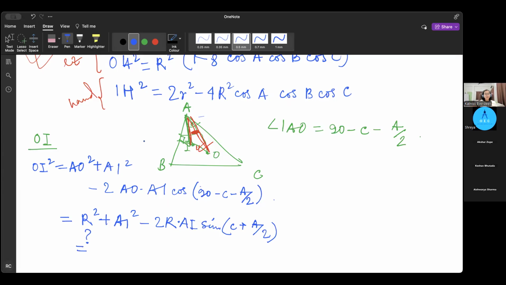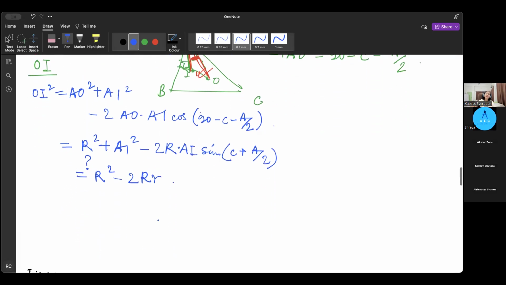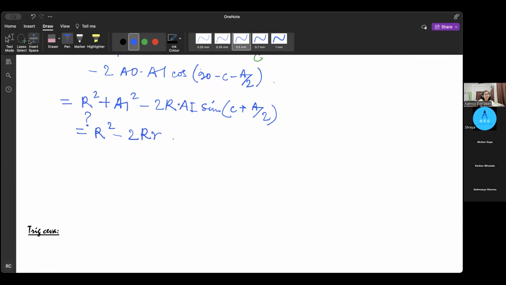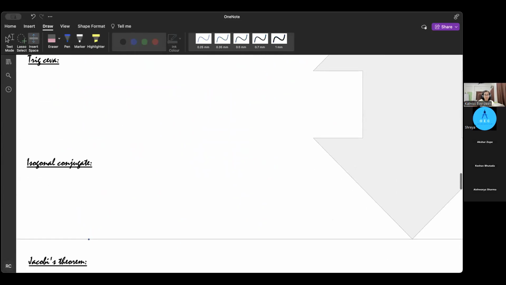All right. So we want to prove that this is equal to R squared minus 2Rr, the well-known formula. The next step would be to find out AI.